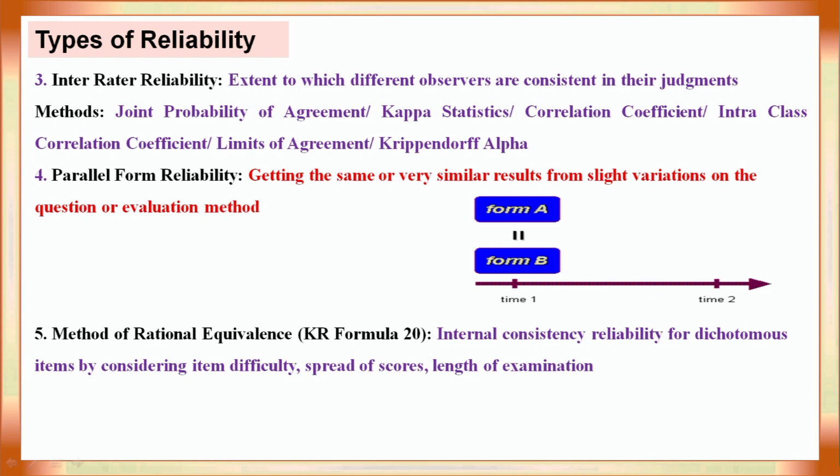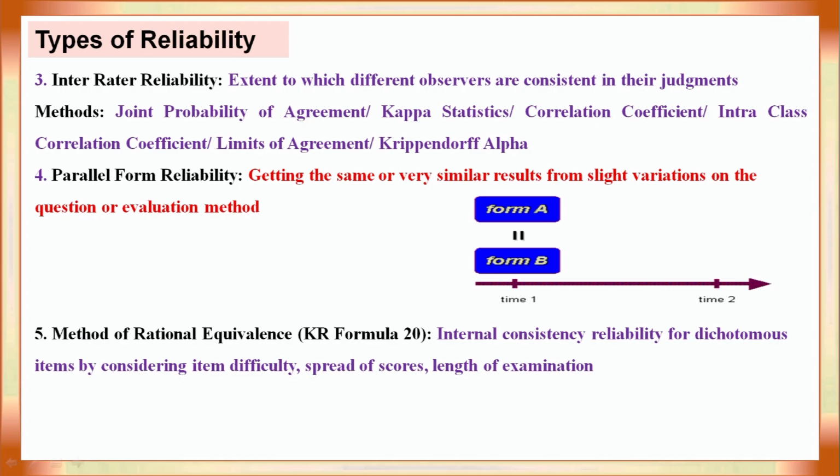So, there is always a chance of human bias. So, inter-rater reliability is particularly important in research studies where a number of judges, observers or interviewers are engaged in the data collection process. Inter-rater reliability simply means how consistent the different observers are in their judgment.